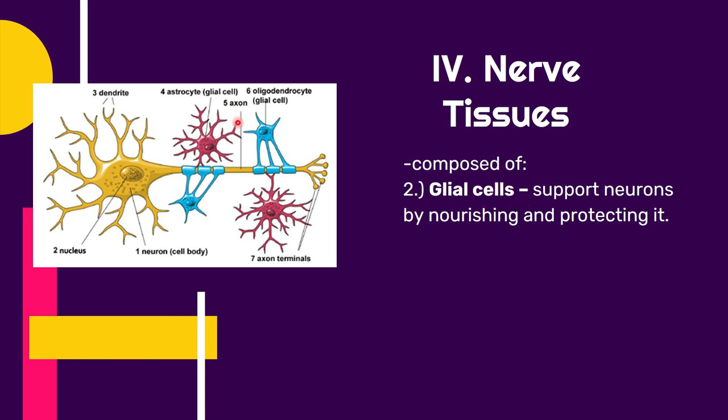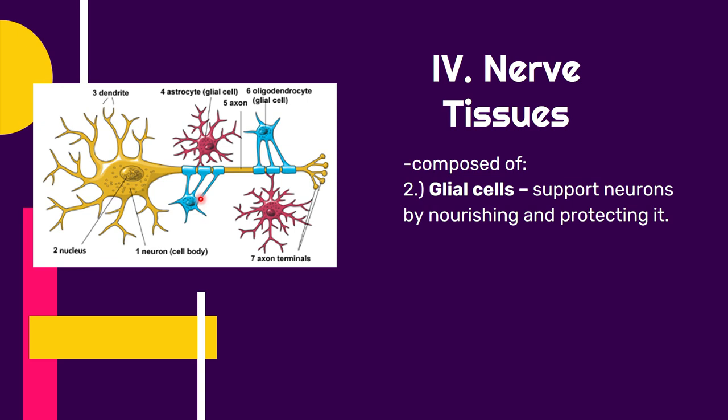Glial cells have several types. We have astrocyte, oligodendrocyte, but I will not specify their functions. Glial cells are attached to our neurons. What they do, they are not involved in the passing or transmission of the electrical signal.